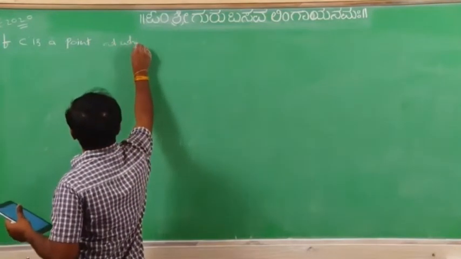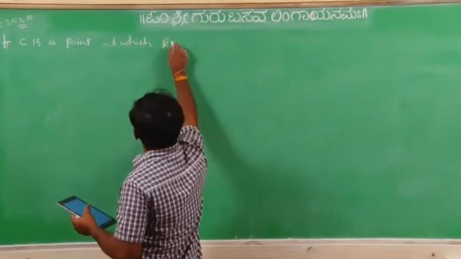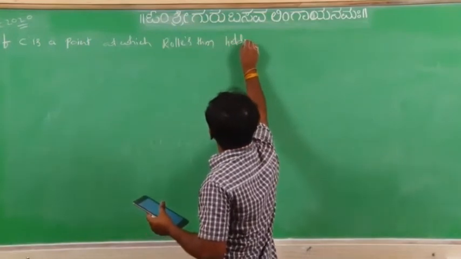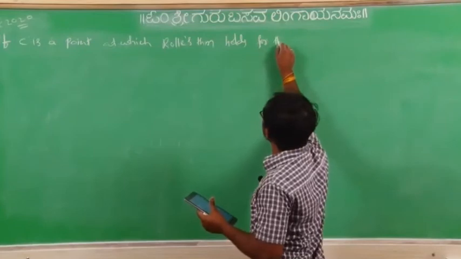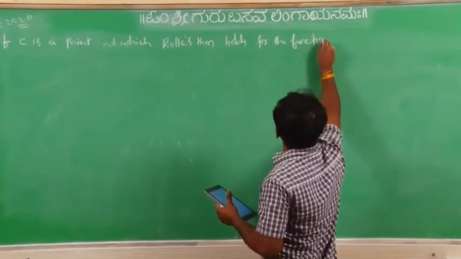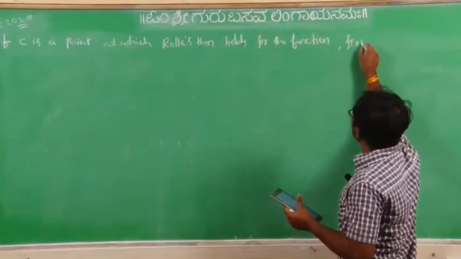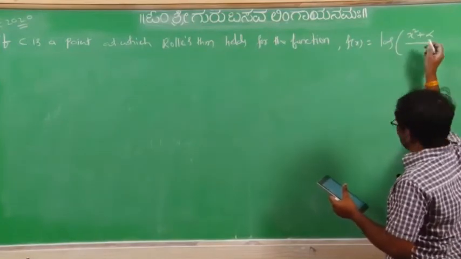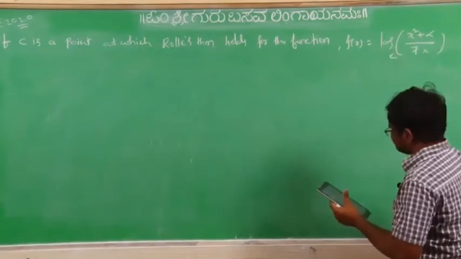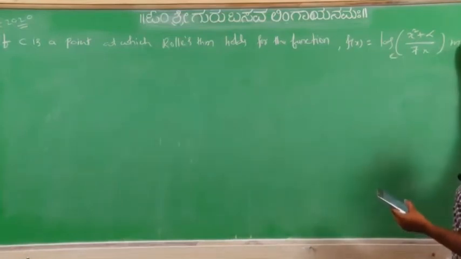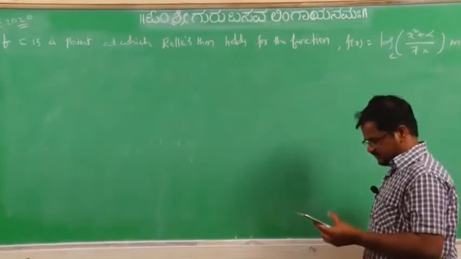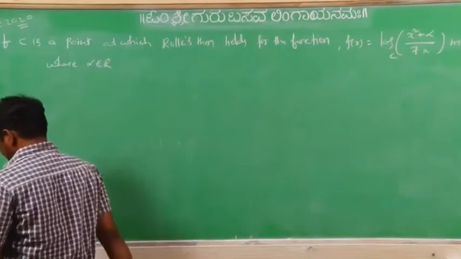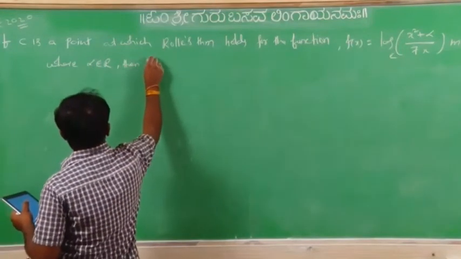at which Rolle's theorem holds for the function f of x equal to log of x square plus alpha by 7x to the base e in the closed interval 3 comma 4, where alpha belongs to real numbers, then f double dash of C equal to.